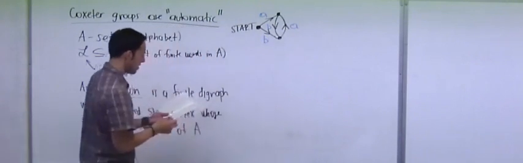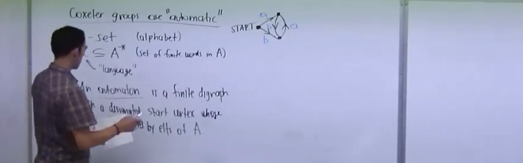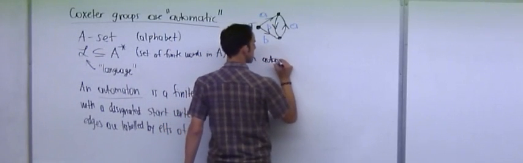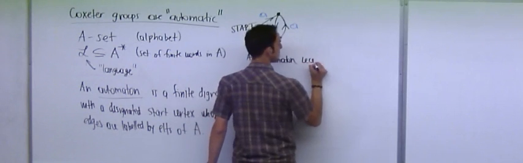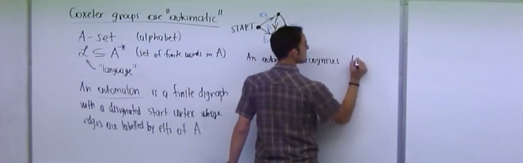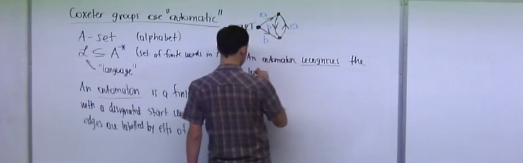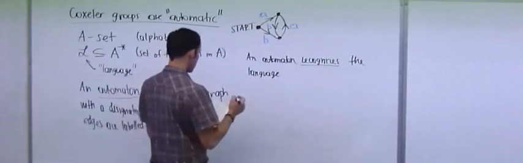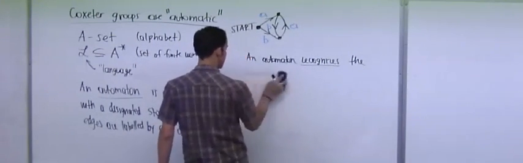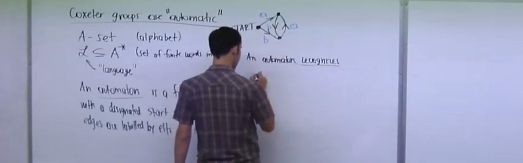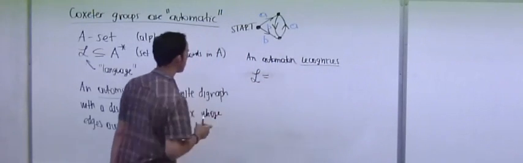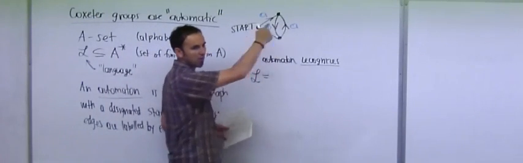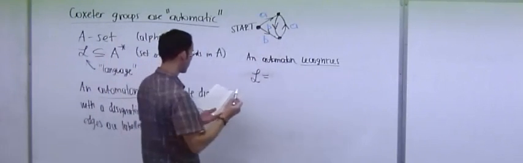And so we say that an automaton recognizes the language L given by basically the words that you can obtain by starting at the start and walking around the graph and reading the labels you encounter.